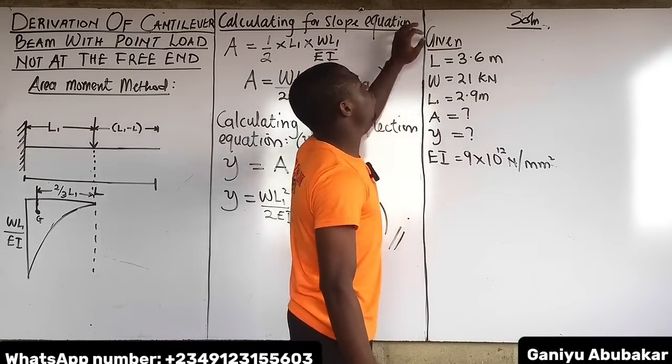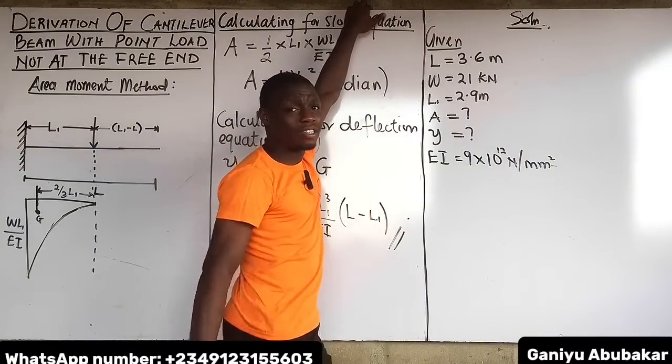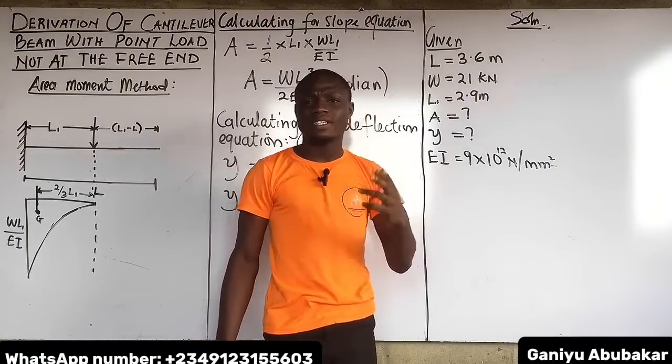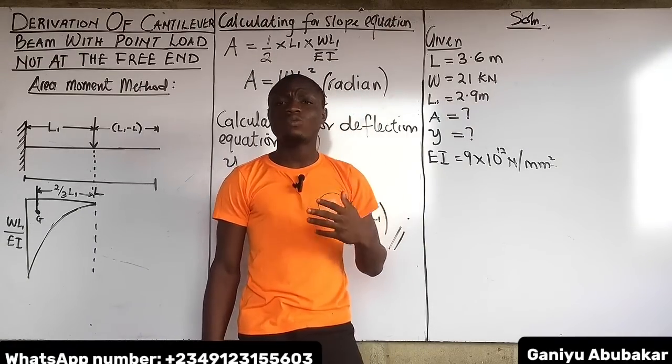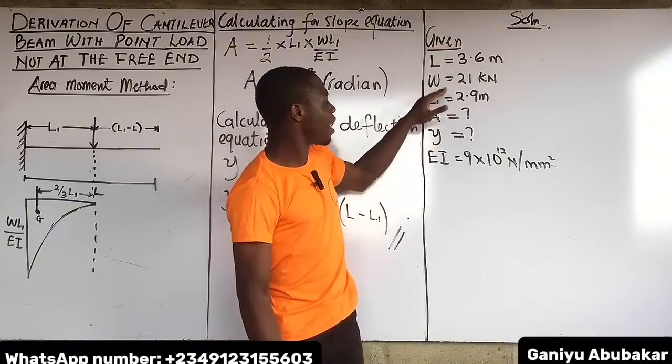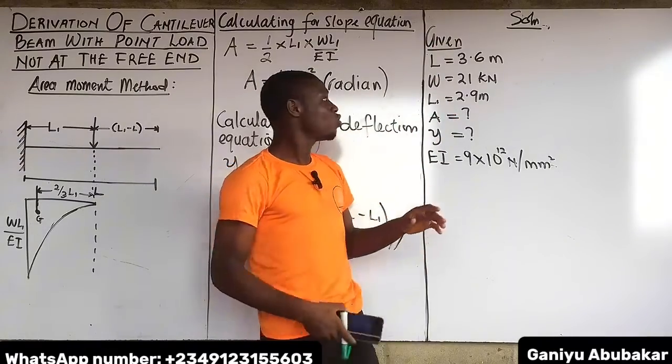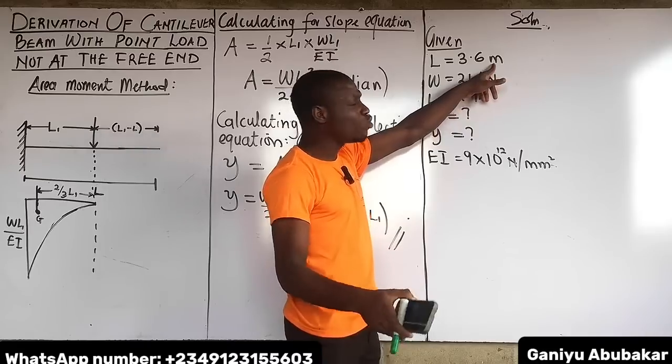So the question now is, am I converting? Of course, yes. Now, what's the reason why we convert in science? The reason is that we want to make sure that every parameter has the same unit, that they are uniform. So if this one is in meters, this one must be in meters.